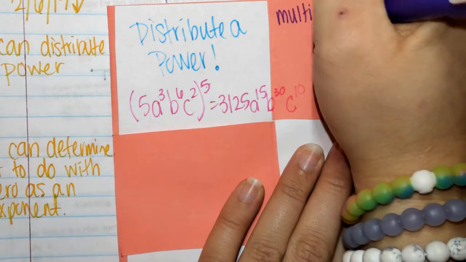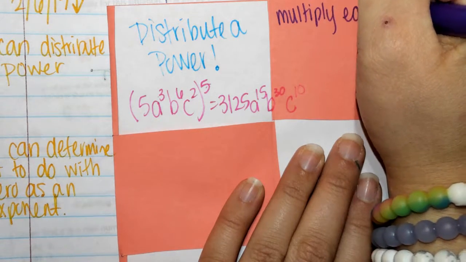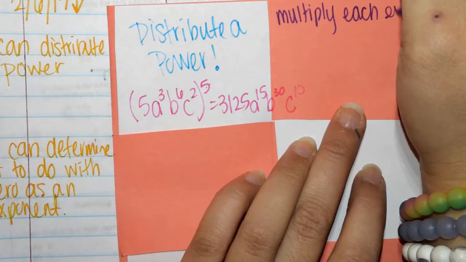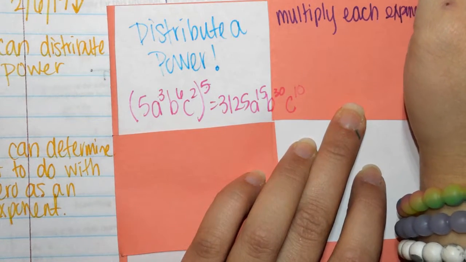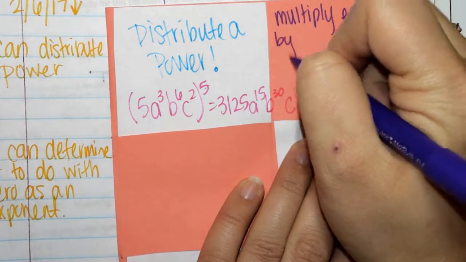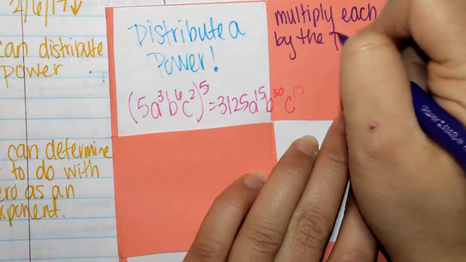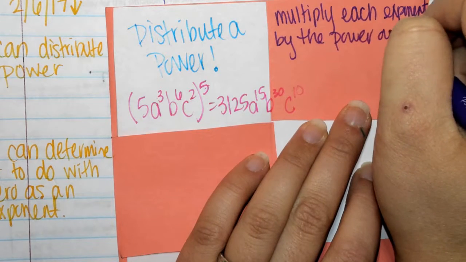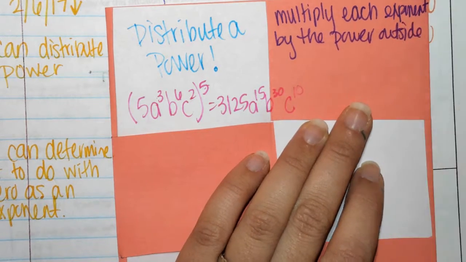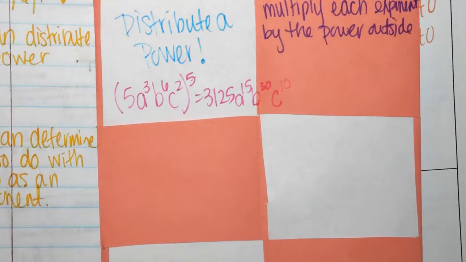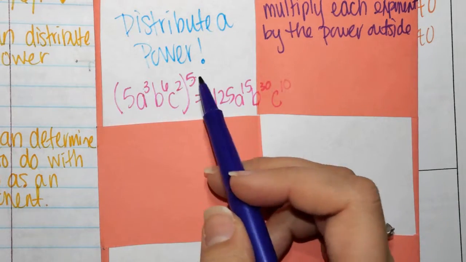All right, so multiply each exponent by the power outside, right? We don't just multiply them by each other. We multiply it by the power on the outside.